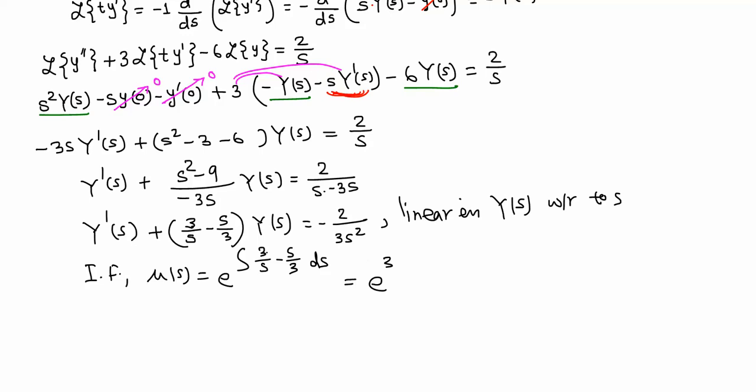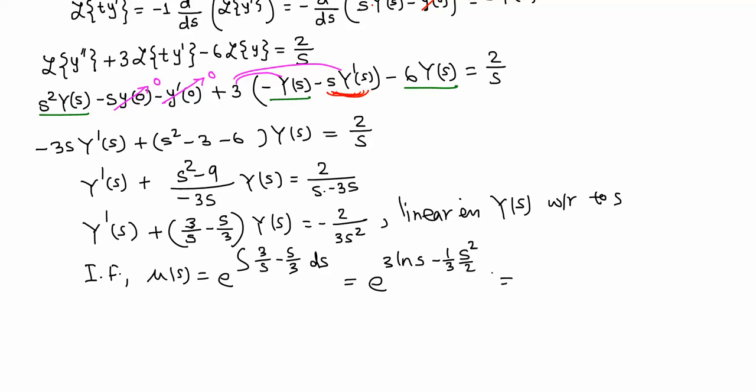The integral of 1 over s is natural log of s, s is positive, minus the integral of s over 3, which is 1/3 times the integral of s, which is s squared over 2.